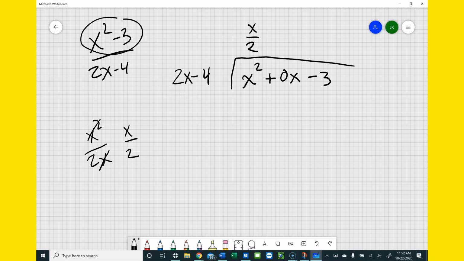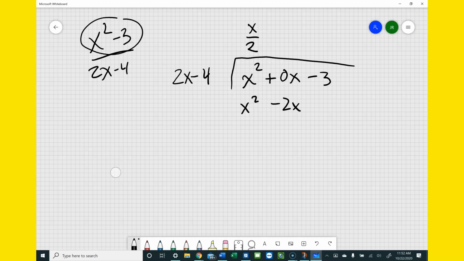And then we have to, just like we do in regular long division, take what we put up here and multiply it by these two terms and write it below these. So x over 2 times 2x gives you x squared. Then x over 2 times negative 4 is negative 4x over 2, which reduces to negative 2x. So minus 2x.